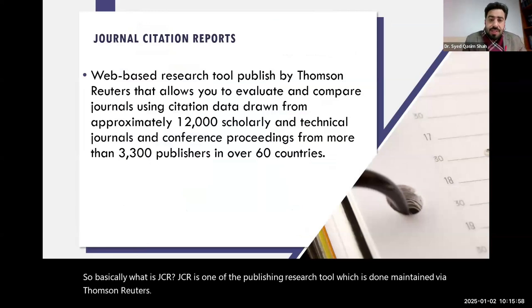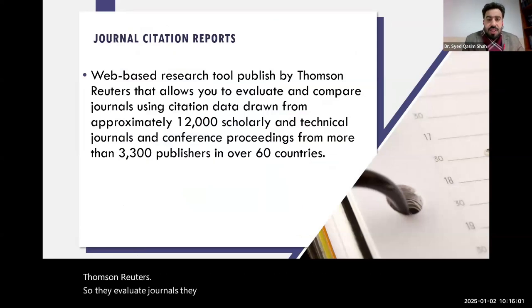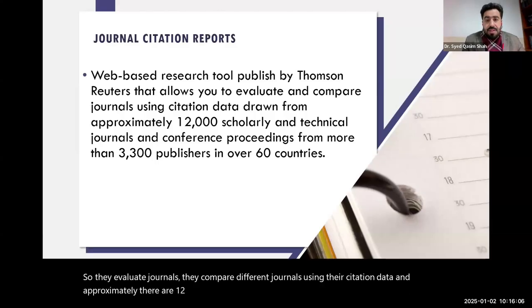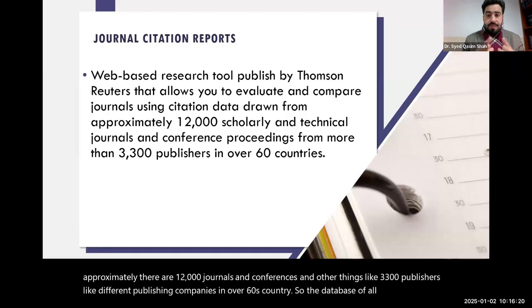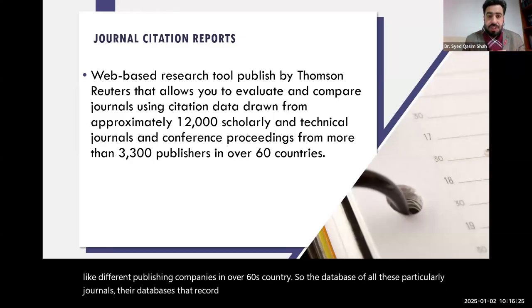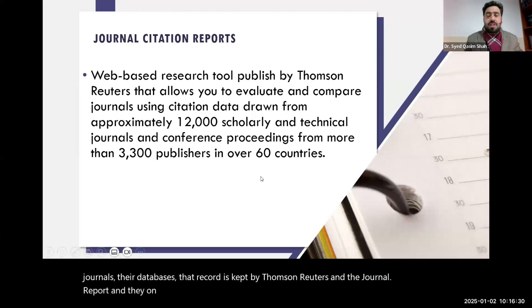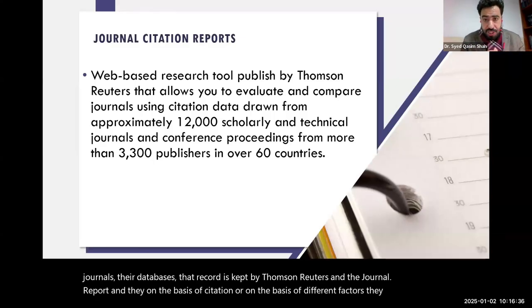They evaluate journals and compare different journals using their citation data. There are approximately 12,000 journals and conferences and 3,300 publishers, like different publishing companies, in over 60 countries. The database records of all these journals are kept by Thomson Reuters under the Journal Citation Report, and on the basis of citation and different factors, they rank different journals, right?